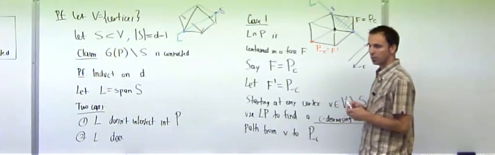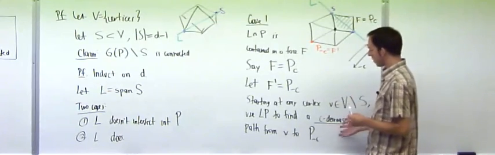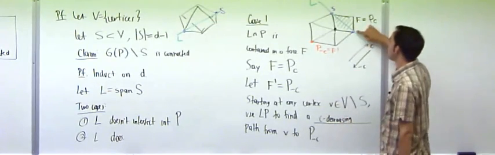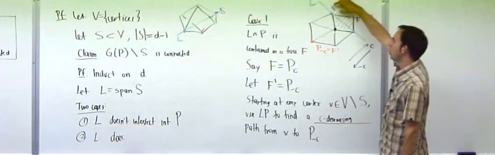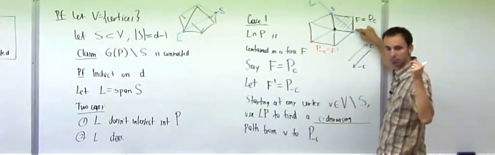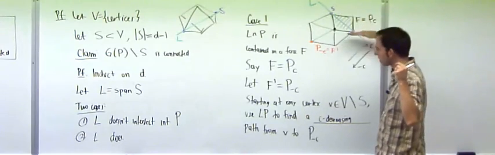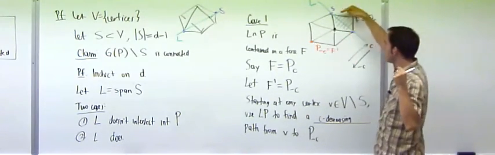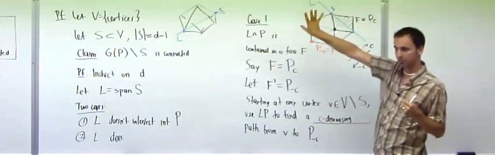And the reason that I care about this being C decreasing is that I know that all the vertices of S take the maximum C value. And so if you're decreasing the C value, that means that you cannot hit these vertices because these vertices are at the top.